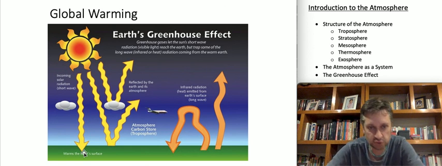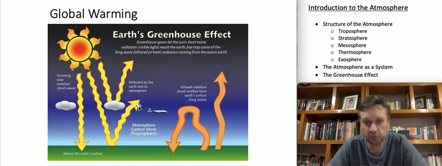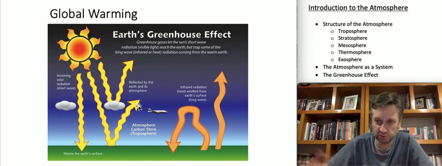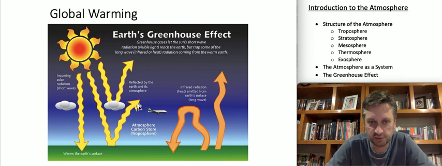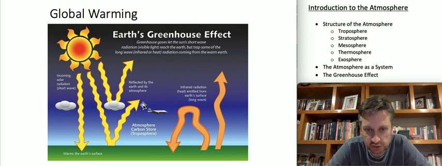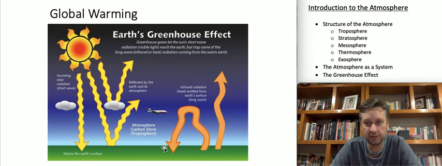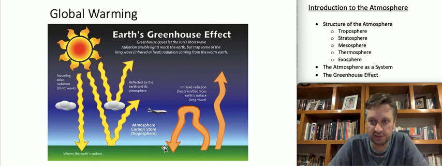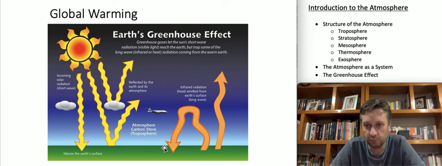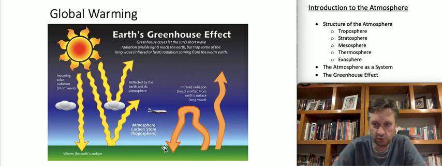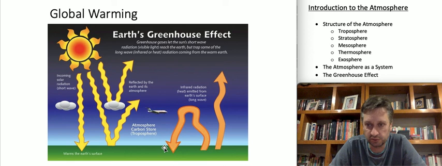Some of the energy is absorbed and it's re-emitted with longer wavelengths. Those longer wavelengths find it much more difficult to move through the atmosphere, and although some is lost, some is reflected back, and that keeps the average temperature of the Earth at about 15 degrees C, which is what is needed for life to exist within the troposphere.